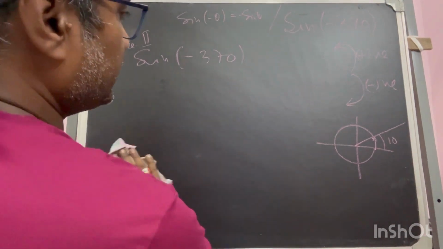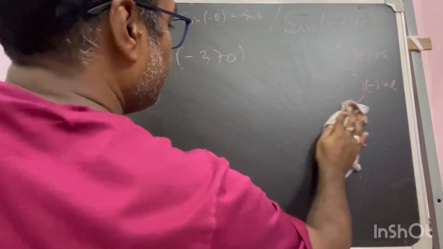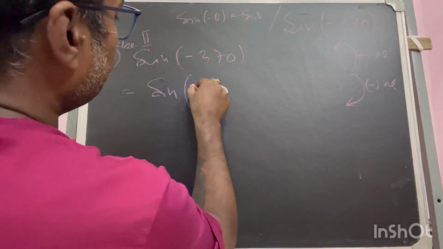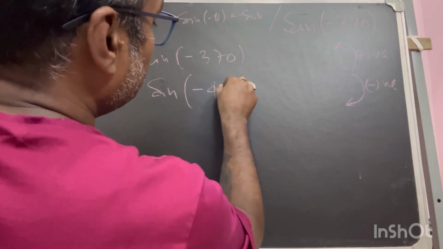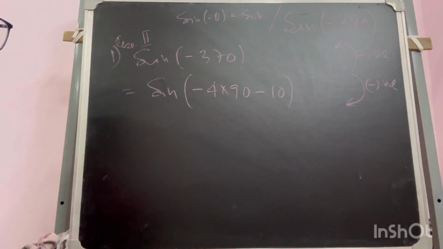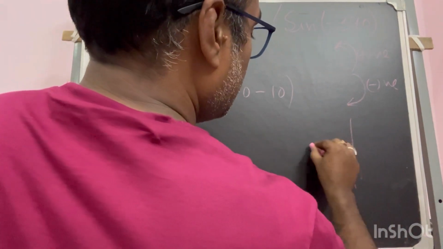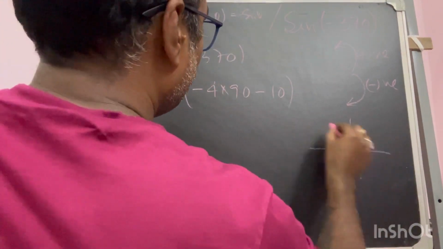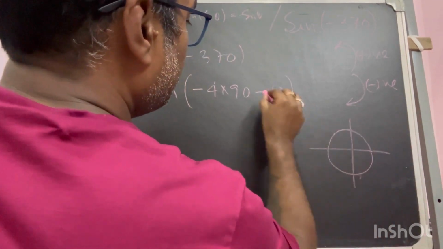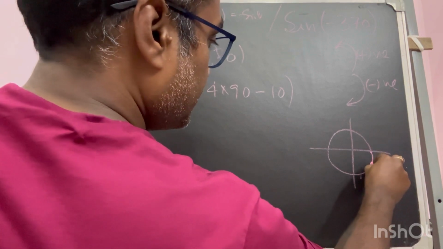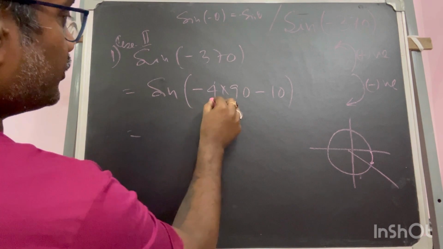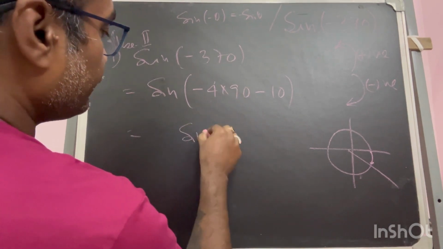Now let me check. If I go directly, instead of doing that, I will write 4 into 90 minus 10. Okay. So now 4 into 90 means clockwise it is moving into 360 degree. Now minus 10, that means it is moving further clockwise to 10 degree. The final position is this. So for 4 into 90, sine will be sine.